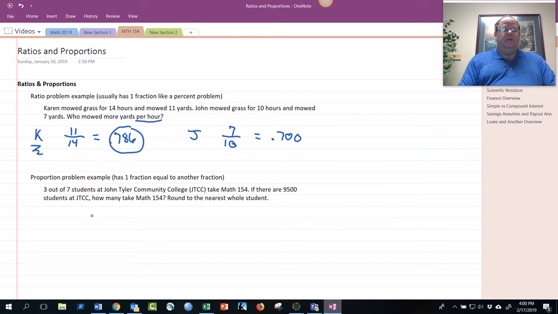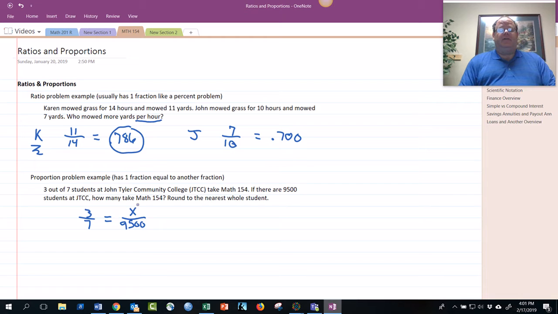All right. So on the one hand, we have 3 out of 7. Okay. On the other hand, we have an unknown number taking 154 out of 9,500. So we'll let x be the unknown number, out of the 9,500. All right, so this is a proportion. The equation is one fraction equal to another.